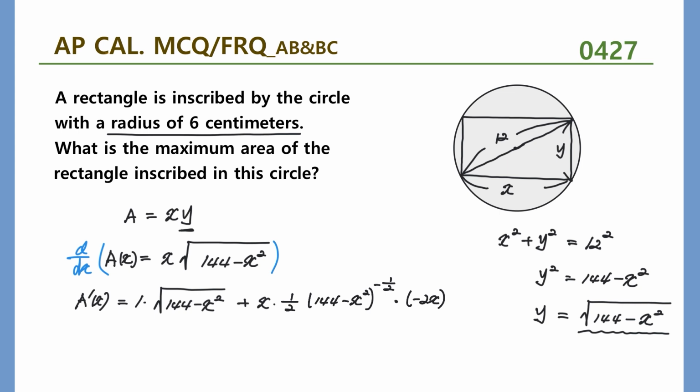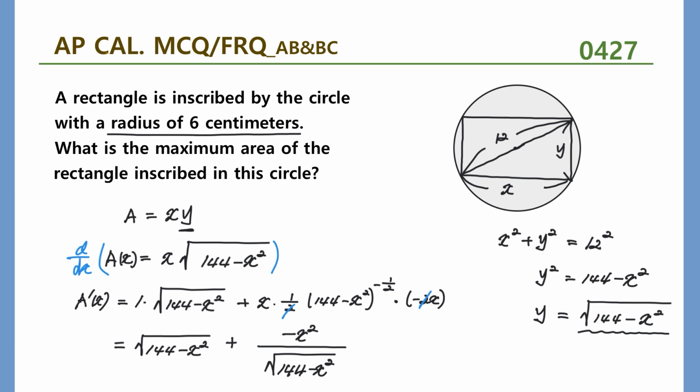So that is equal to the square root of 144 minus x squared plus, canceling the 2, x times negative x in the numerator, over the square root of 144 minus x squared in the denominator.